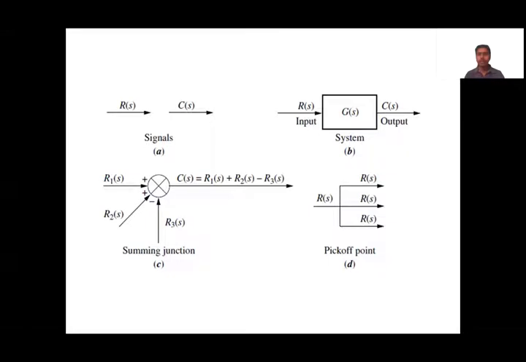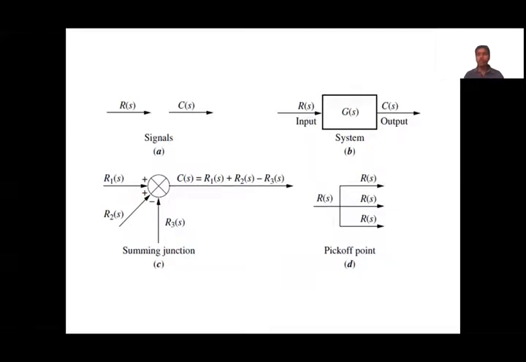And the fourth point is this pick off point or take off point. Here in the figure, you can see clearly the pick off point is nothing but where the R of S signal is coming to the point, and at this point, this R of S is splitting into three lines. Any number of lines can split this same signal to give the same signal to different systems.